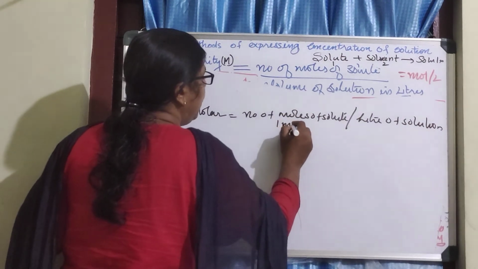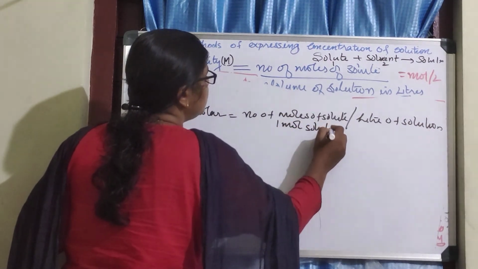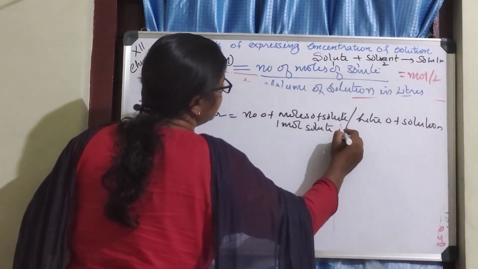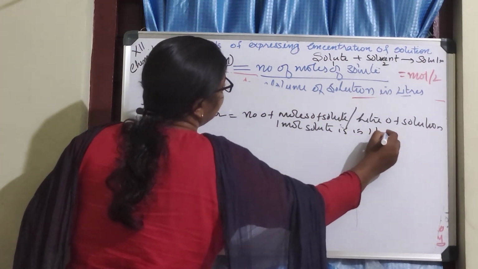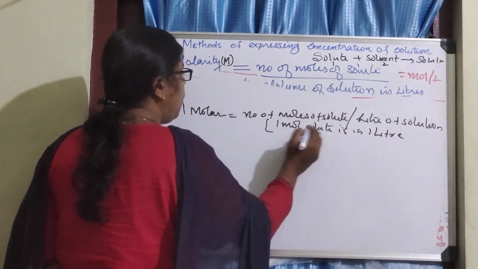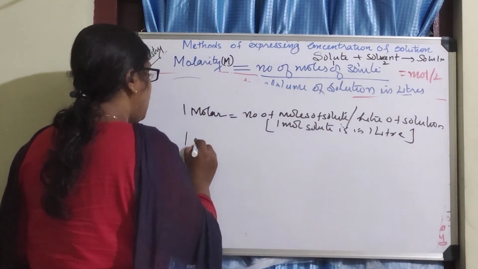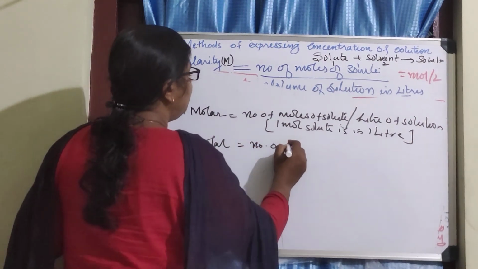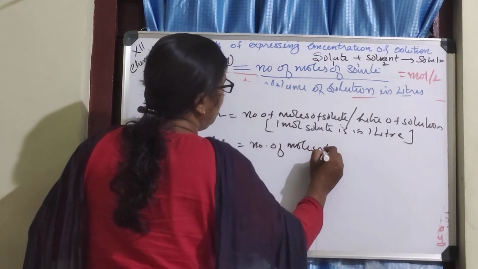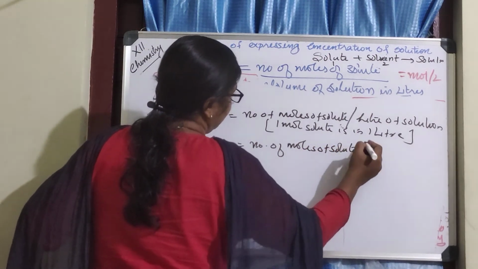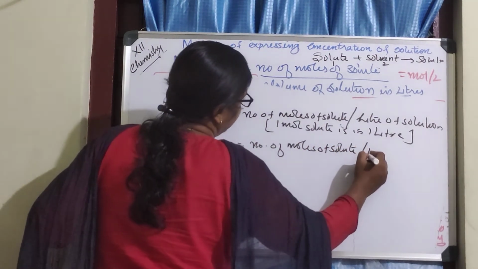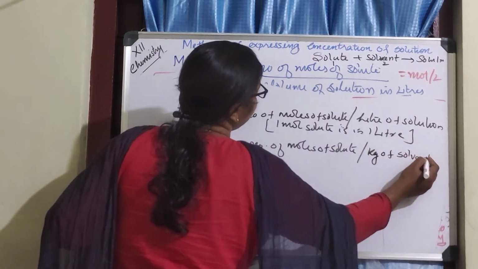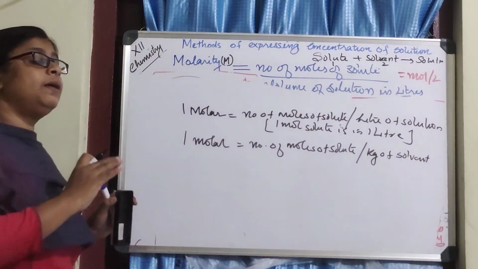That is, ഒരു മോള് solute എന്തിൽ dissolve ചെയ്തു? Present in 1 liter. If 1 mole of solute is present in 1 liter, it is called a 1 molar solution. And what about 1 molal? 1 molal, number of moles of solute same ആണ്, per kilogram of solvent ആണ്.